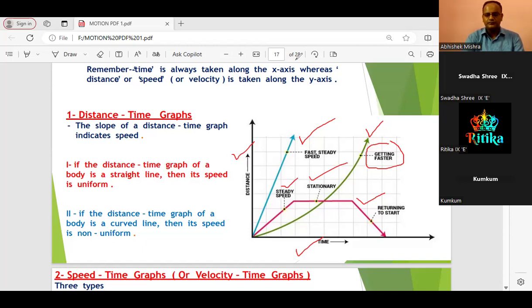Sir, acceleration: it is going first steadily, then decreasing, and then returning to the start. That is negative. Okay, fine. Good, Ritika, very good. Well explained.